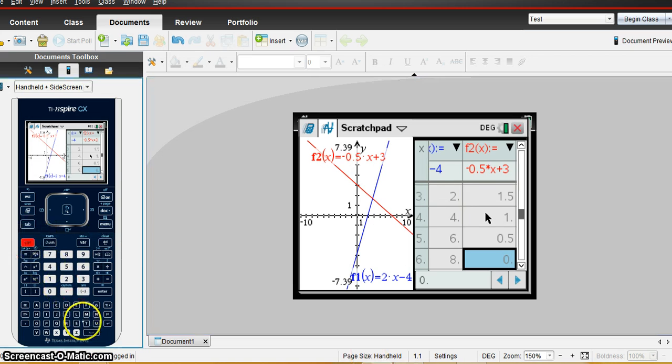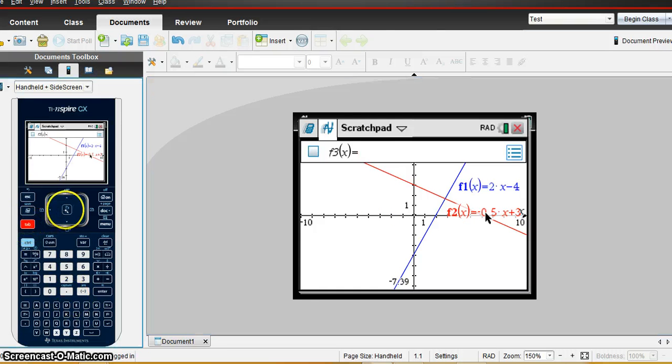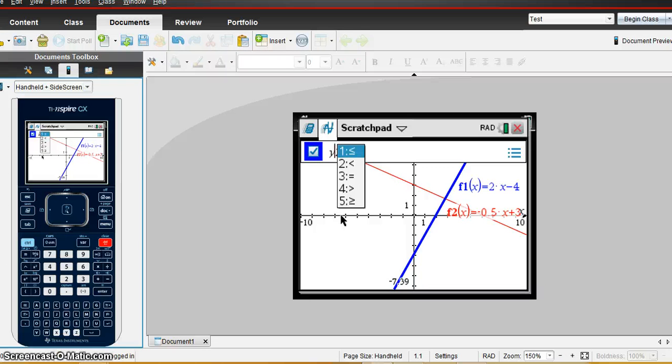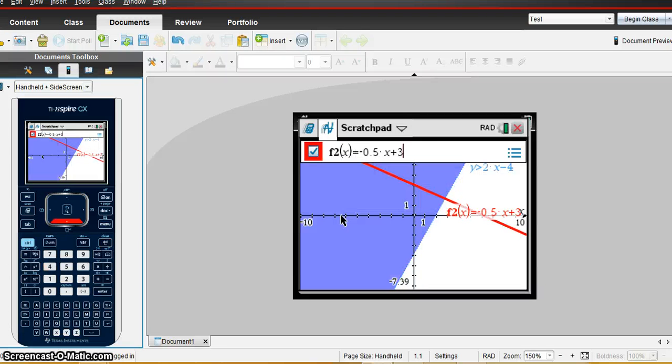So we want to get rid of that table. Press Tab. The first one was greater than, which is 4. The second one is less than or equal to, which is 1.